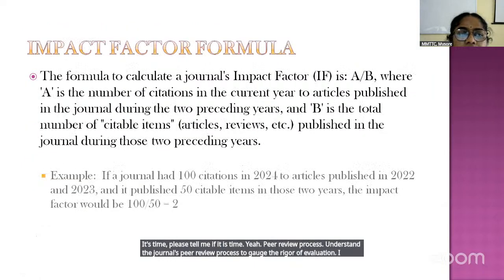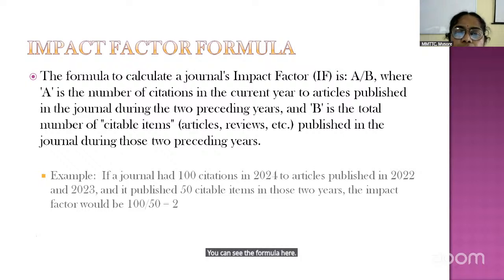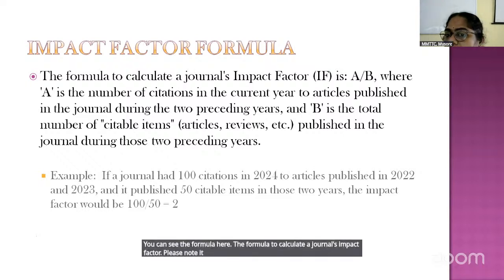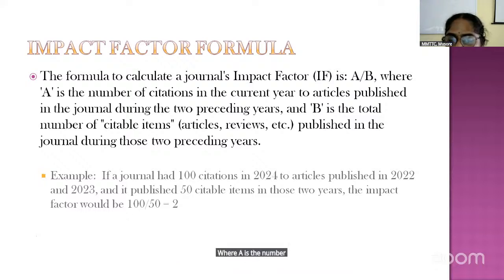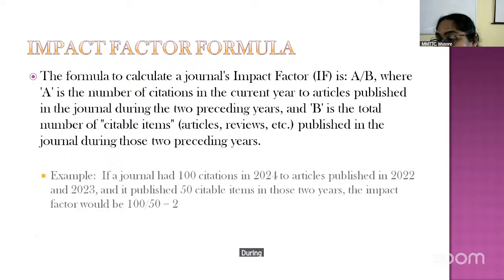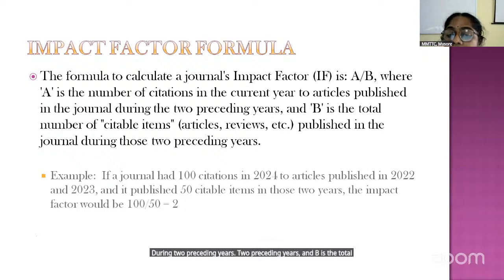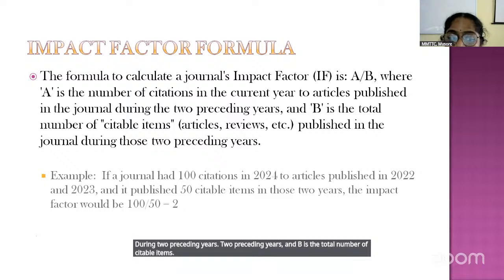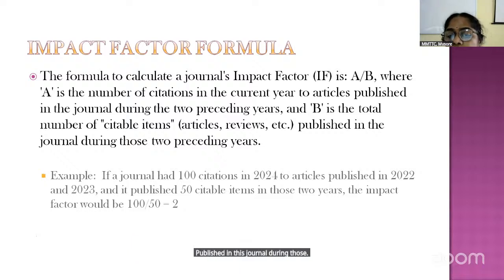I'll tell you what the impact factor is. You can see the formula here. The formula to calculate a journal's impact factor, please note it, IF, is A divided by B, where A is the number of citations in the current year to articles published in the journal during the two preceding years, and B is the total number of citable items published in the journal during those two preceding years.